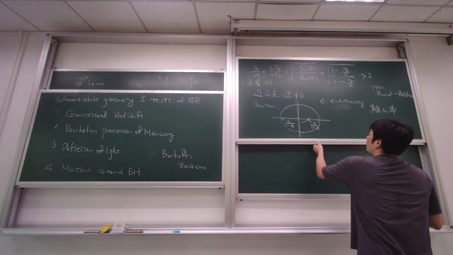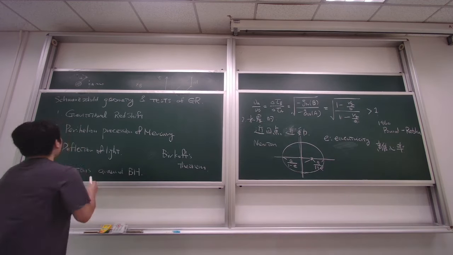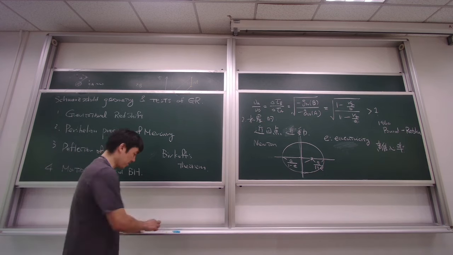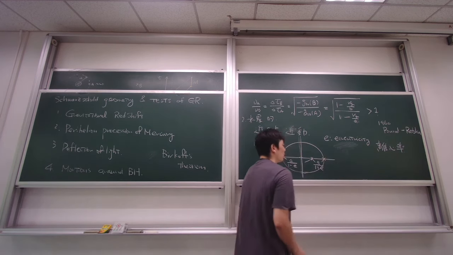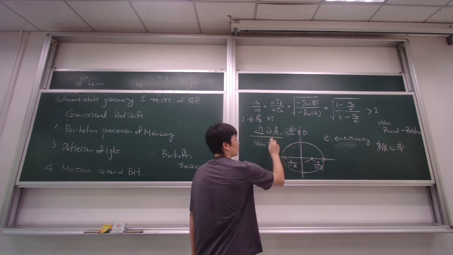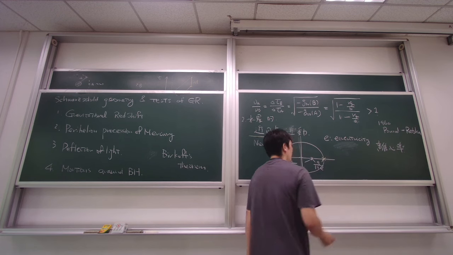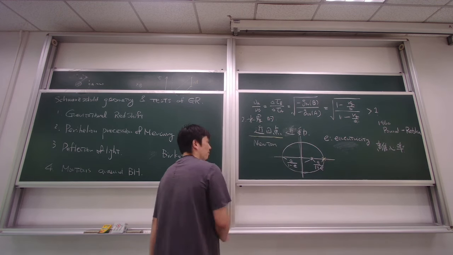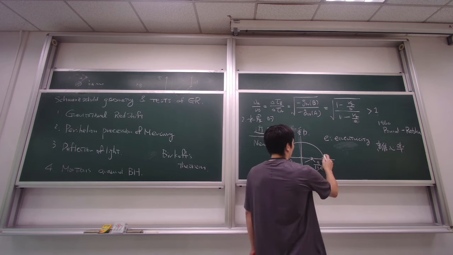But however, this perihelion is in fact the closest point. I think you can easily see from here, right? So this perihelion is here. But however, if there is a gravitational effect, we will see that this point will move actually.